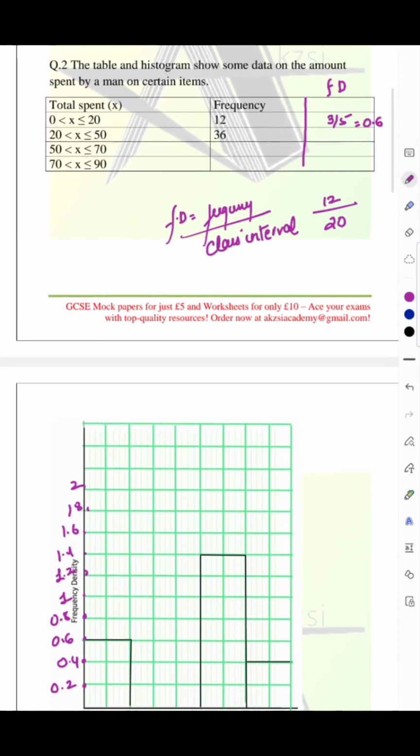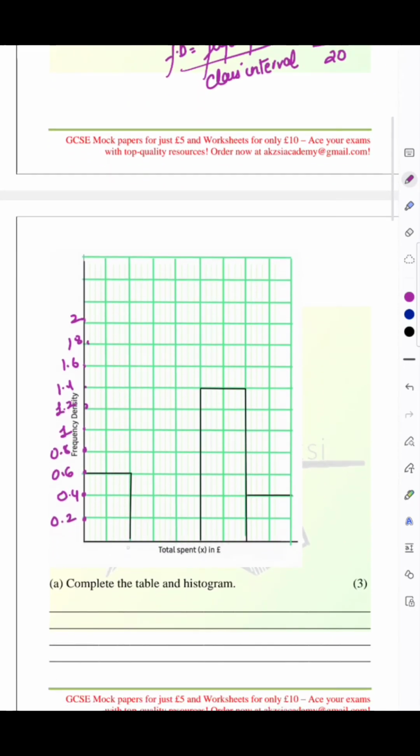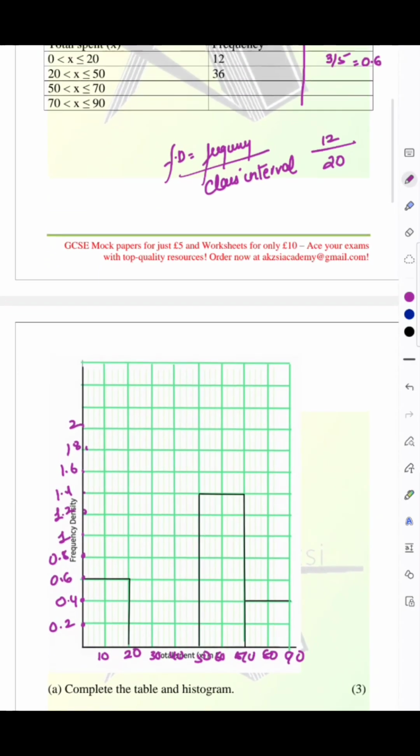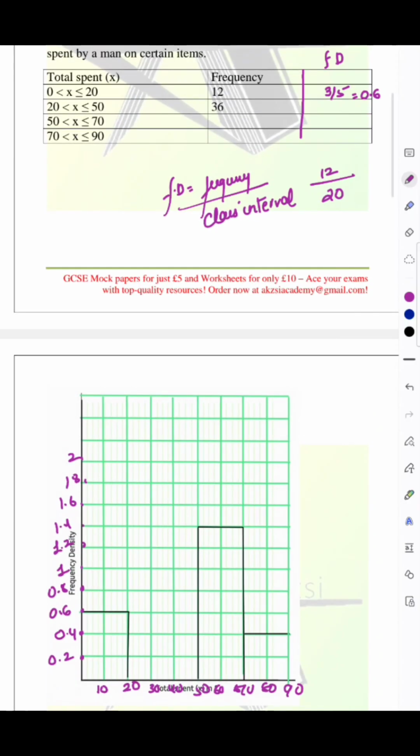And this one is from 0 to 20. So this will be 0 to 20. That means they are spaced with 10, 10, 60, 70, 80, 90. Now we know exactly what the labeling is. So it's very easy.